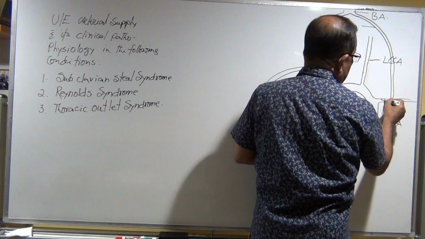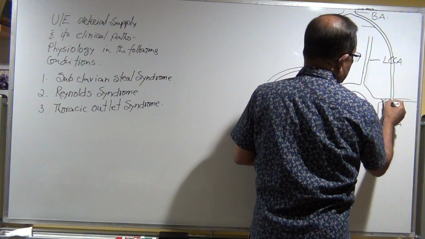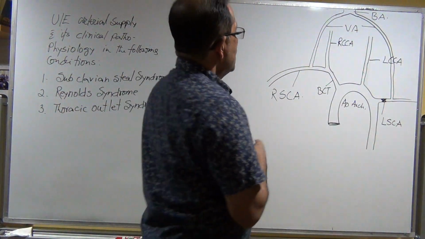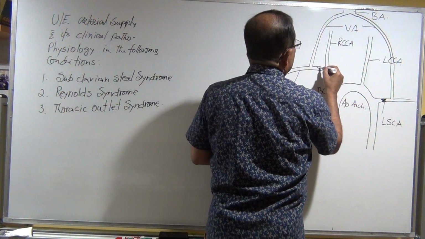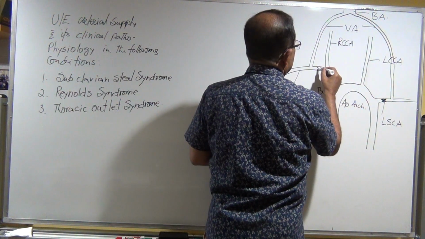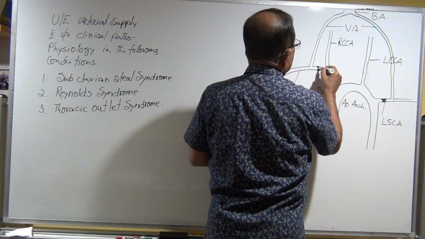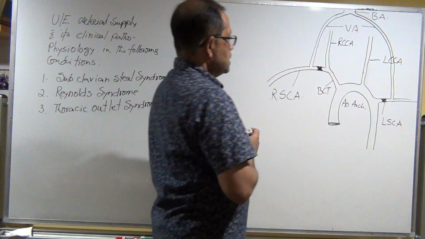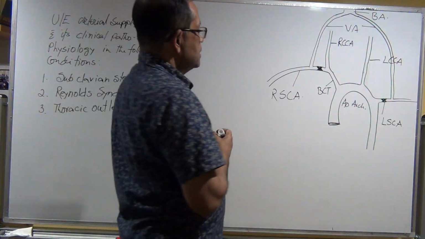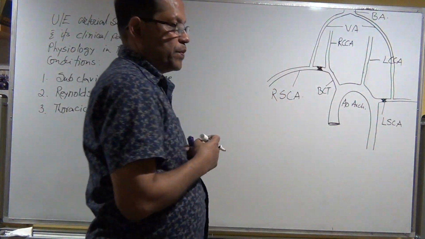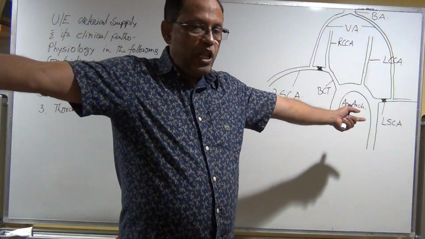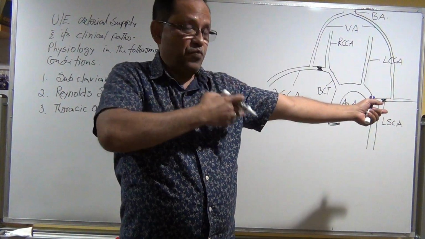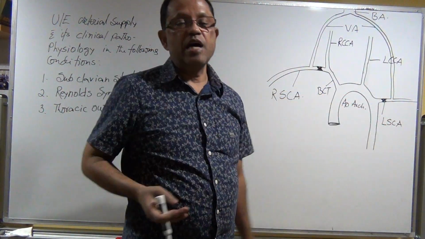That means if there is an obstruction over here or occlusion over here on the right side, then what happens? The upper extremity, right or left, doesn't matter, but subclavian steal syndrome, so far as I know, is more common on the left side.